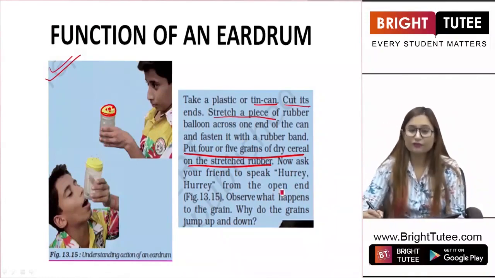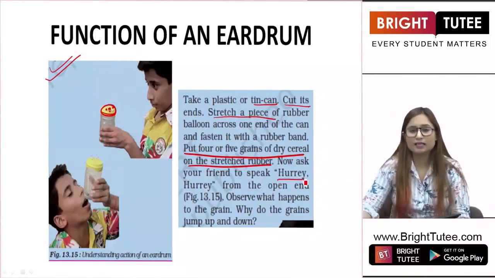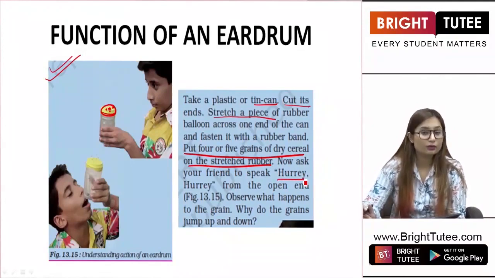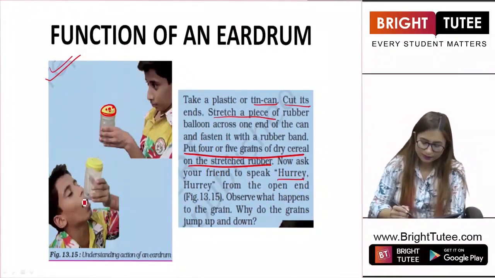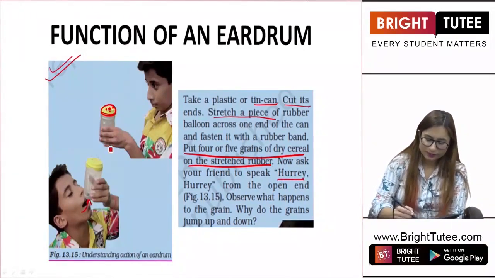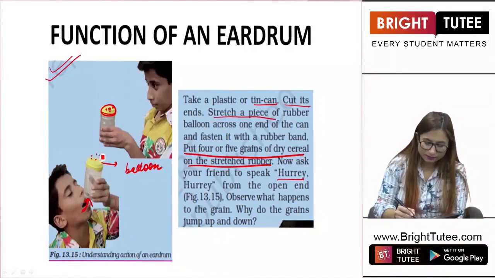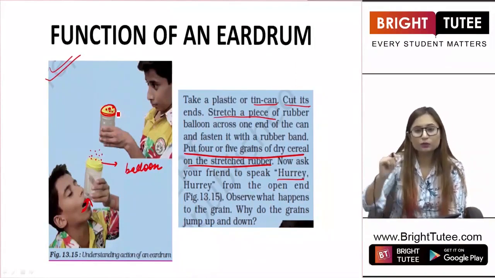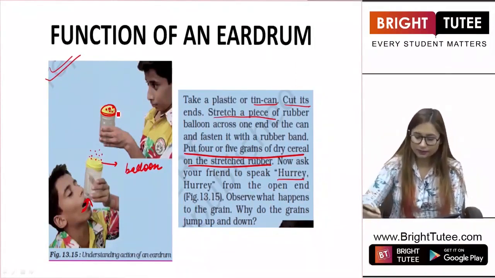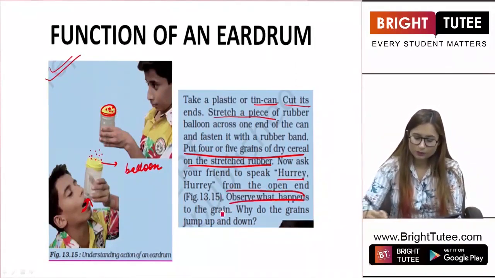Now ask your friend to speak any sound. You can ask them to say hooray, hooray or anything you want. When he speaks through the other end, the grains start vibrating and they go into the air. The grains were earlier on the balloon, now they are in the air, right? From the open end, observe what happens to the grains.